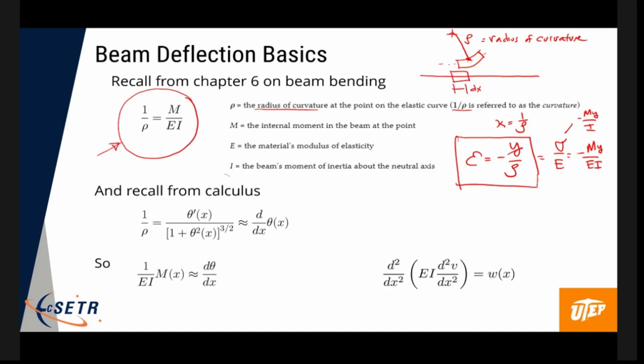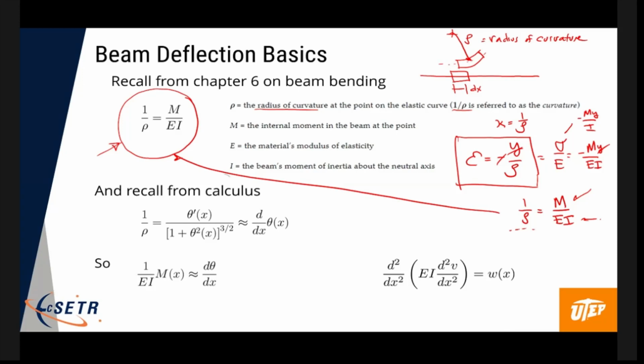The Y's cancel out, and the minus signs cancel, giving 1 over rho equals M over EI. So we can relate the curvature, 1 over rho, to the bending moment at the point, as well as Young's modulus and the second area moment, I.